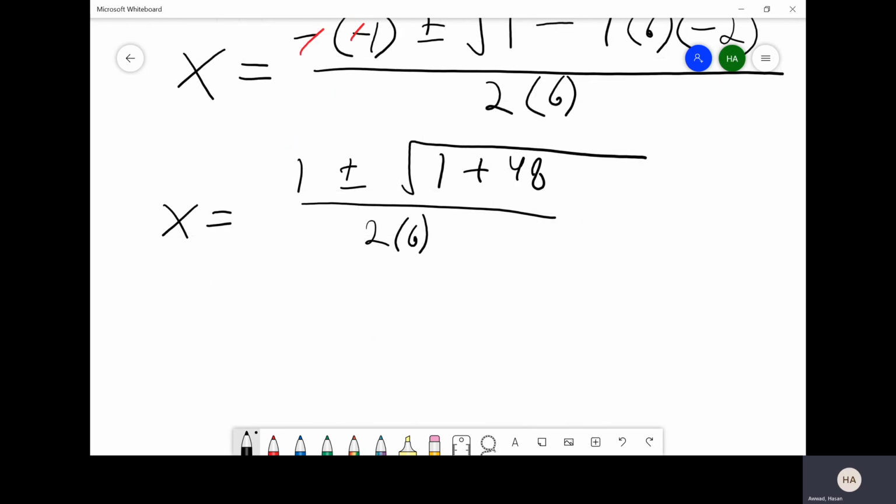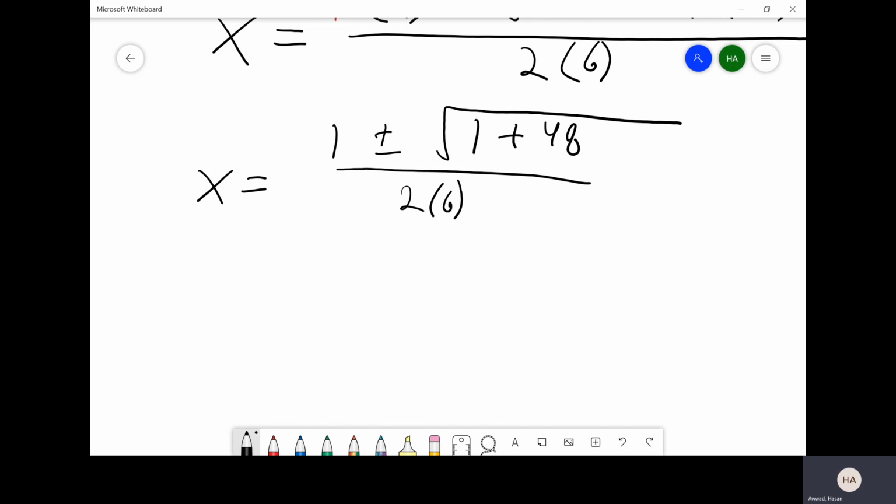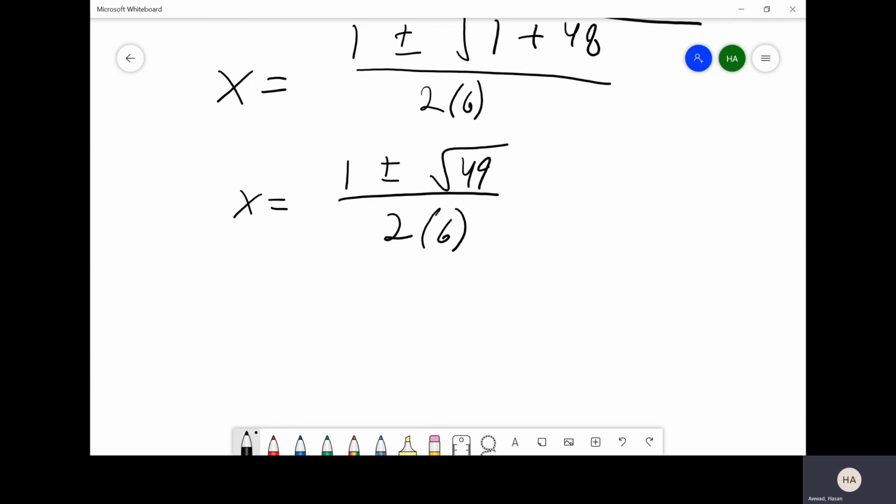And now 1 plus 48 inside the radical is super easy, right? We get x is equal to 1 plus or minus the square root of 1 plus 48, which is 49, and we can do this, right? So that's 2 times 6 on the bottom. x is equal to, and now we have the square root of 49 is 7. We already have that plus or minus, so we don't need to do it again.